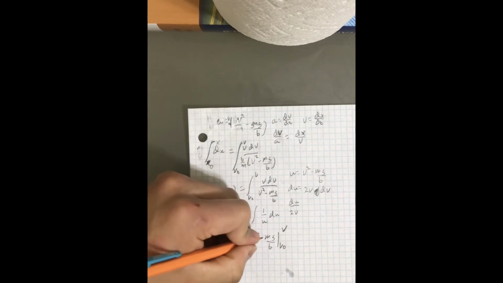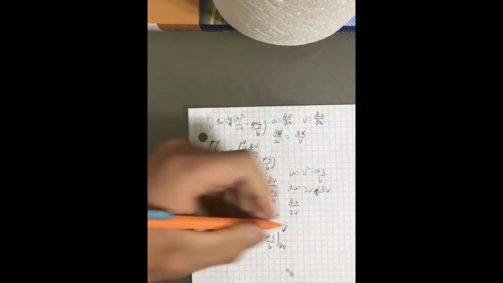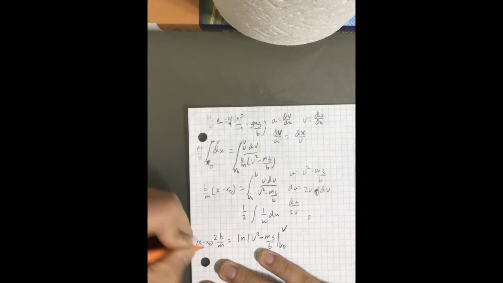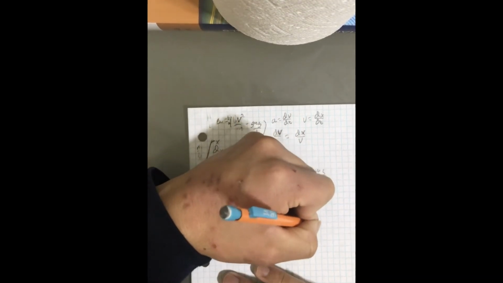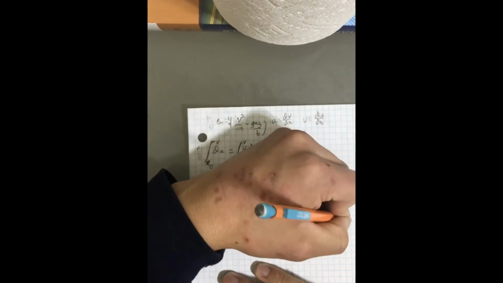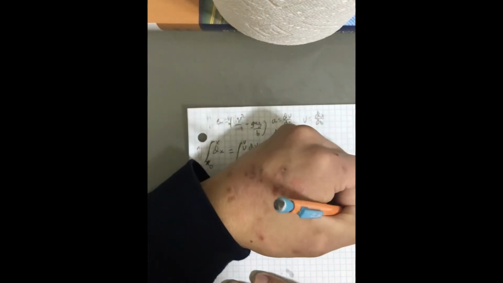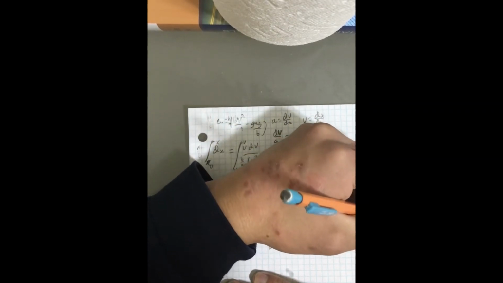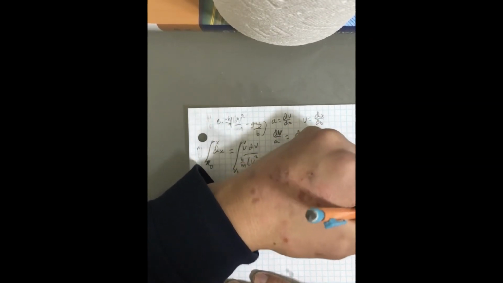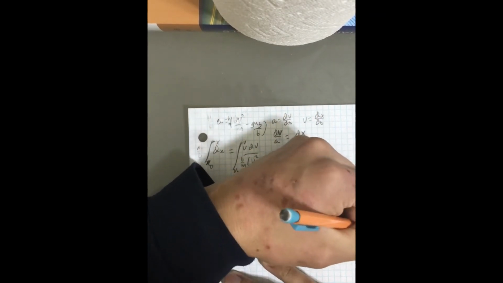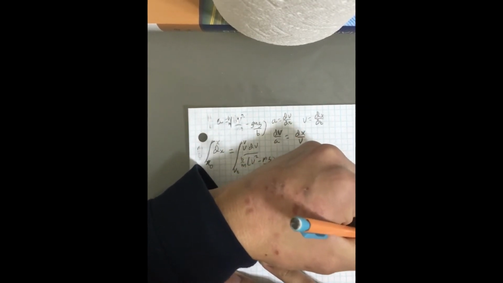Using our property of logarithms, we can simplify this to 2b over m, x minus x naught, is equal to natural log of v squared minus mg over b, over v naught squared minus mg over b.